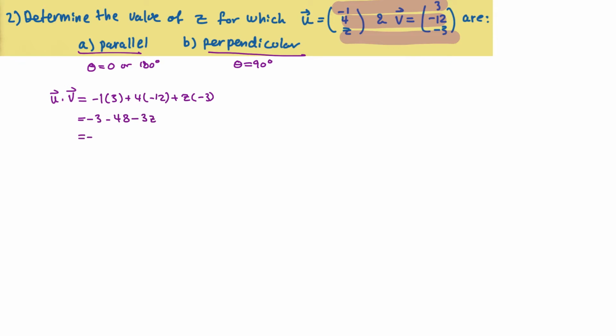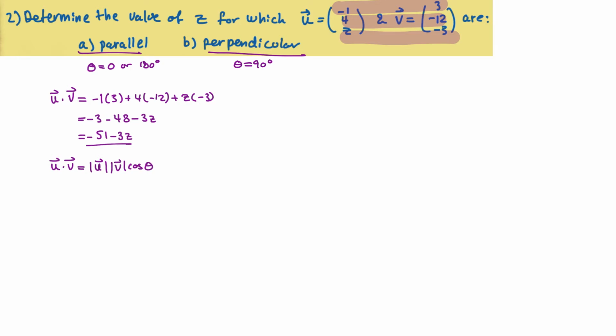This will end up being negative 51 minus 3z, and that's as simplified as I can get it. I also know that u dot v is also equal to the magnitude of u times the magnitude of v times the cosine of the angle between them.